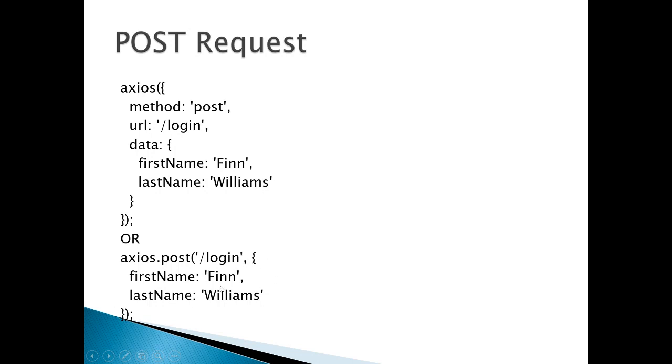So this is the data part, this is basically your URL part, and you are calling axios.post. Both layouts are equally good, and you can write either in this jQuery fashion or this simple server-side coding method layout.